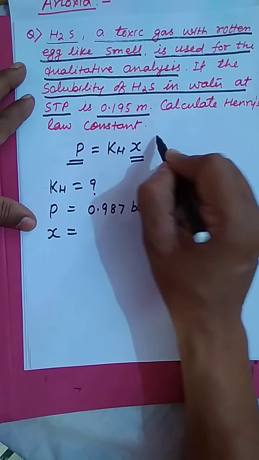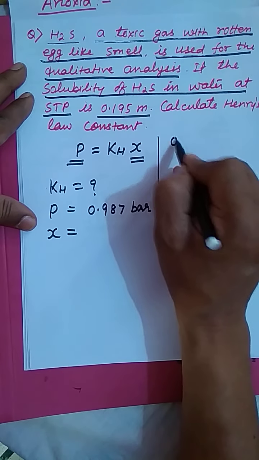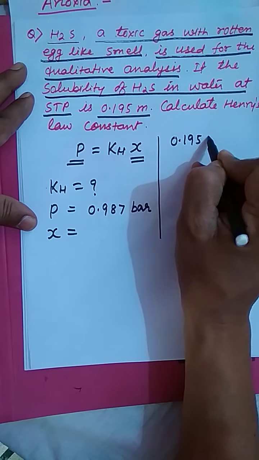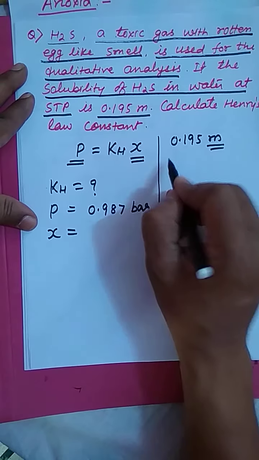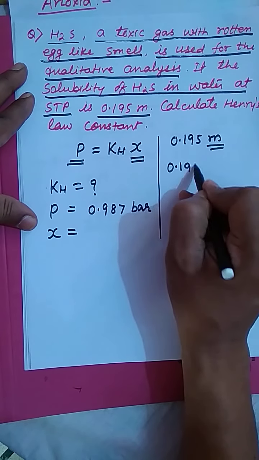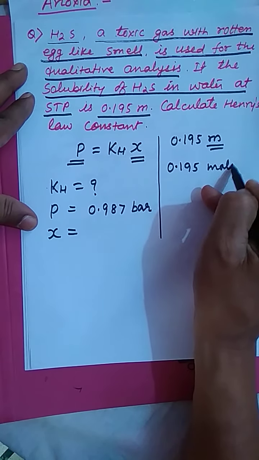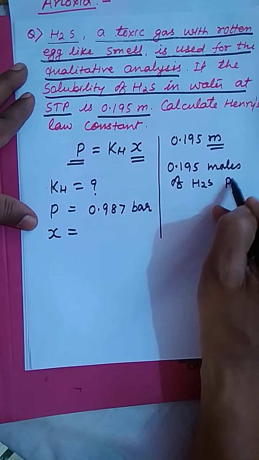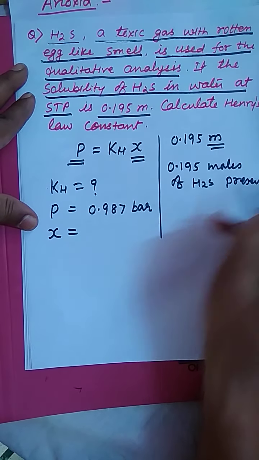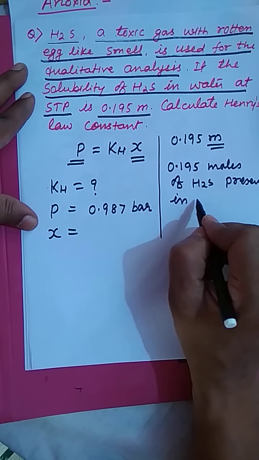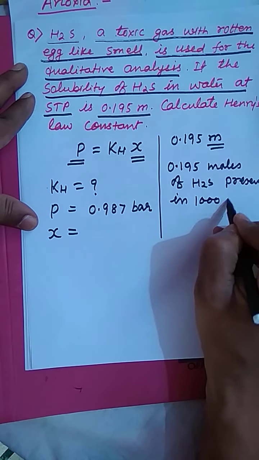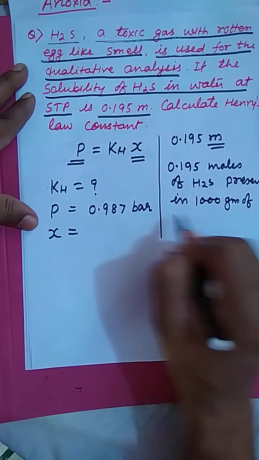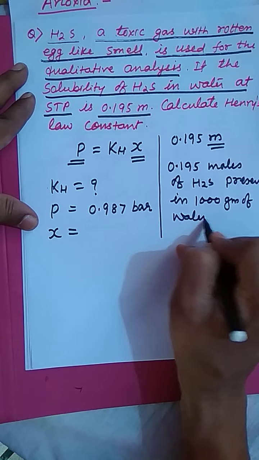So here you see 0.195 m, that means 0.195 mole of H2S present in 1000 gram of water, right?